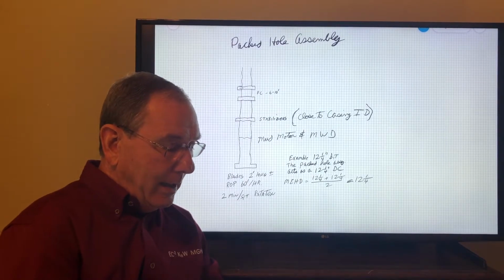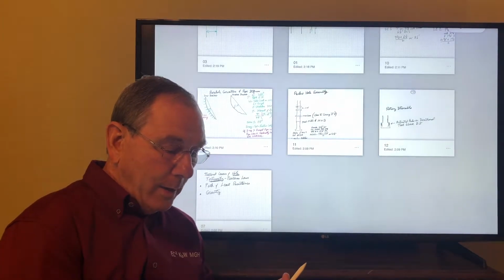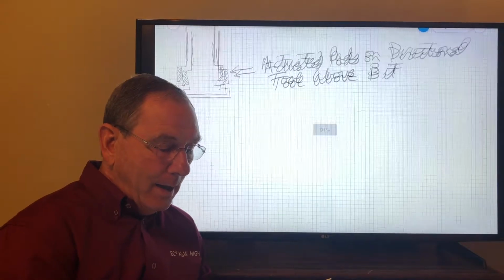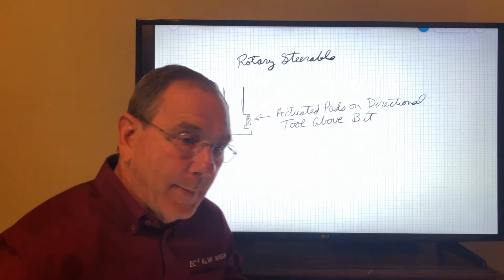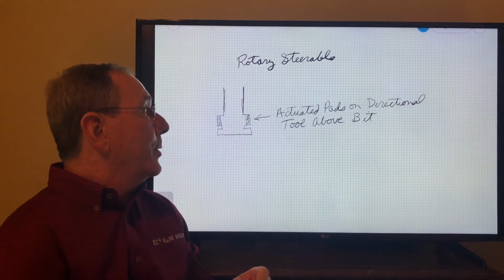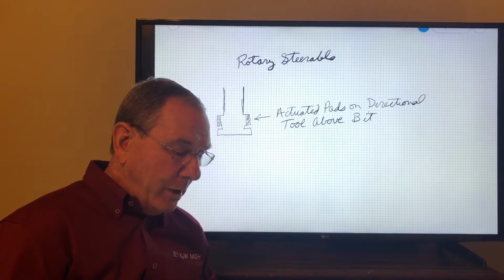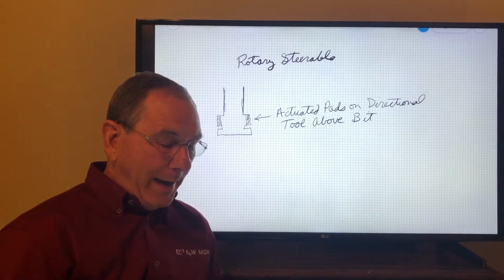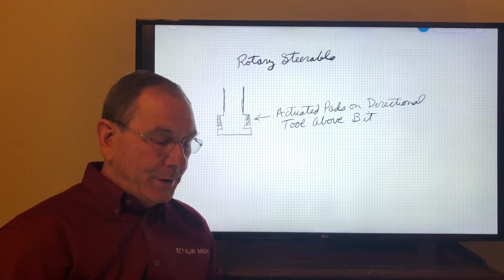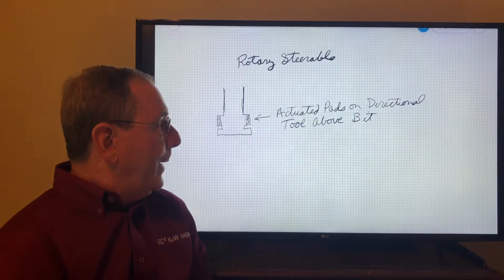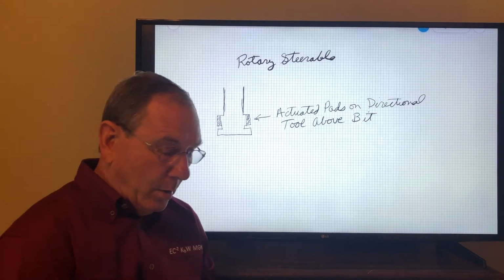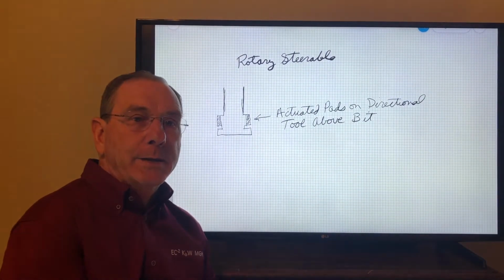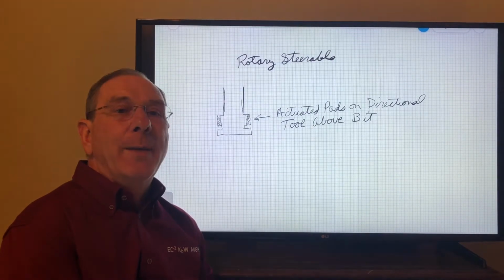Now there's a new and equally good tool, it may even be better thought of today, that's been out about 20 years, I guess: a rotary steerable tool. A rotary steerable tool is actually a directional tool that's run right above the bit, which has actuated pads on the tool that steer the bit in different directions. I believe most of them have 3 pads.